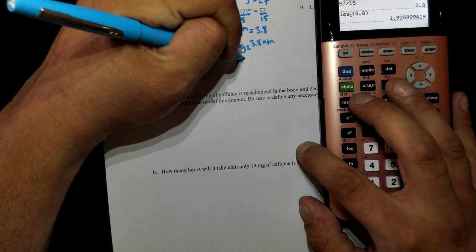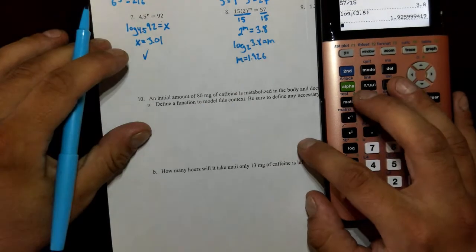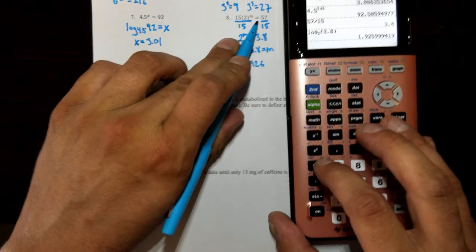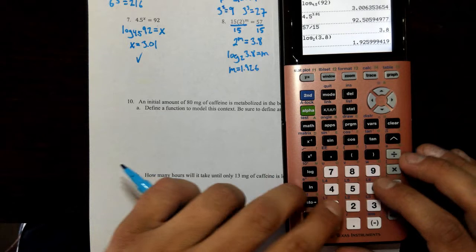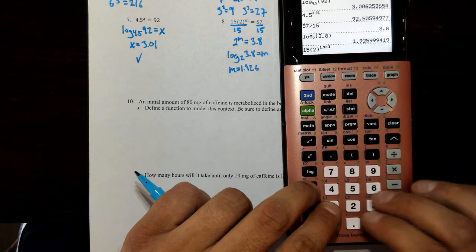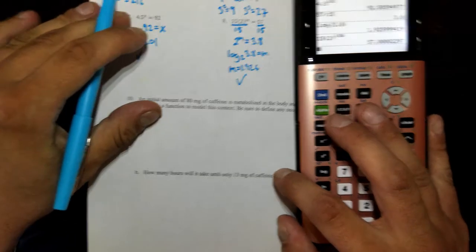And m is equal to 1.926. So let's plug that into m here and see if we get something close to 57. And there we have it. Very close to 57. We're good.